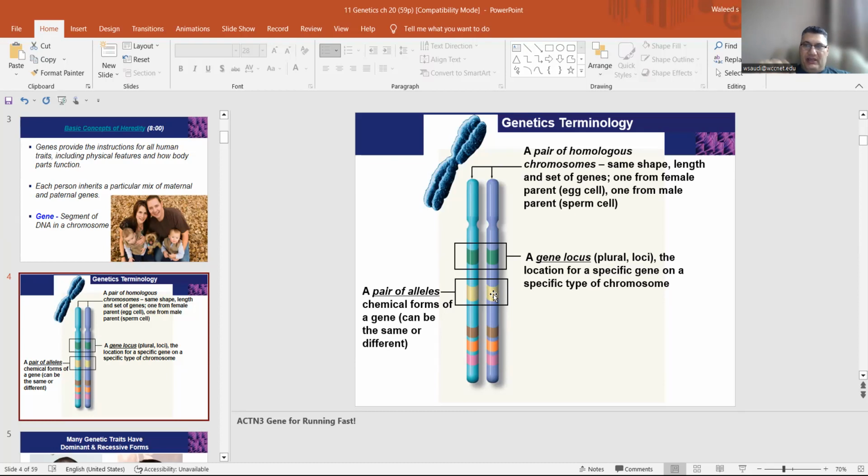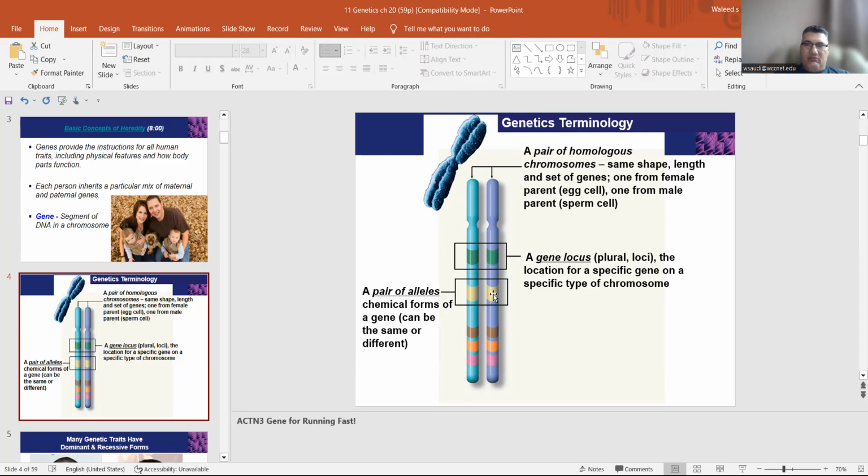Yes, but we are talking about the chemical form, like the actual chemical structure. Is it a chemical structure that's going to have instructions for yellow hair? Is it the allele that's going to have the instructions for red hair or black hair or whatever? So this is called allele. So what's allele? Chemical form of the gene.